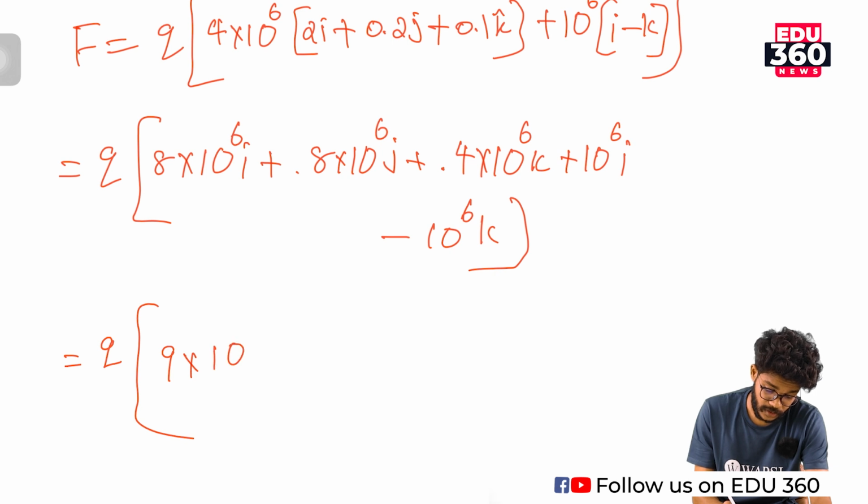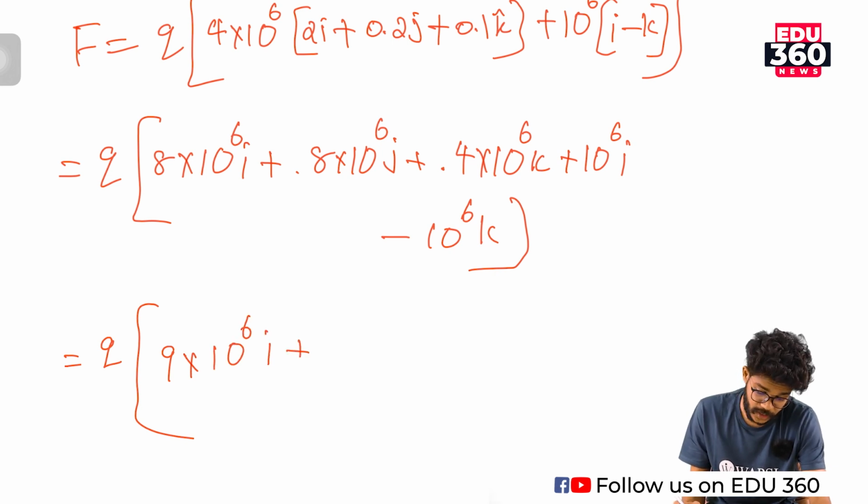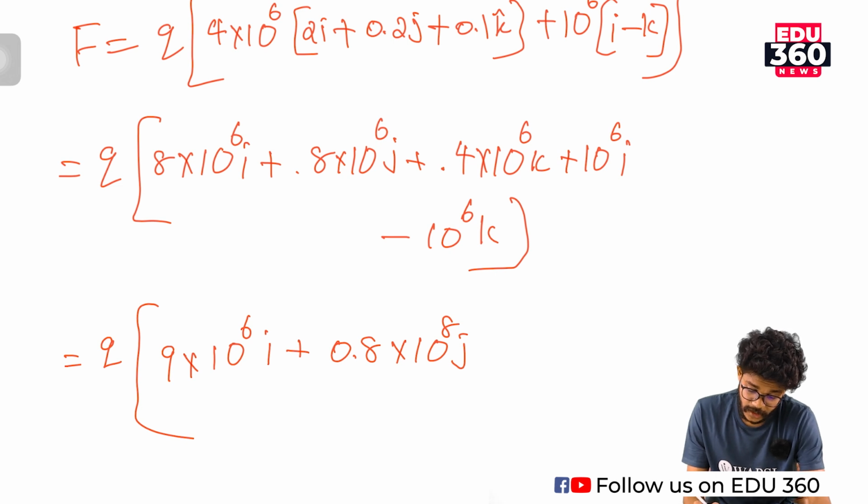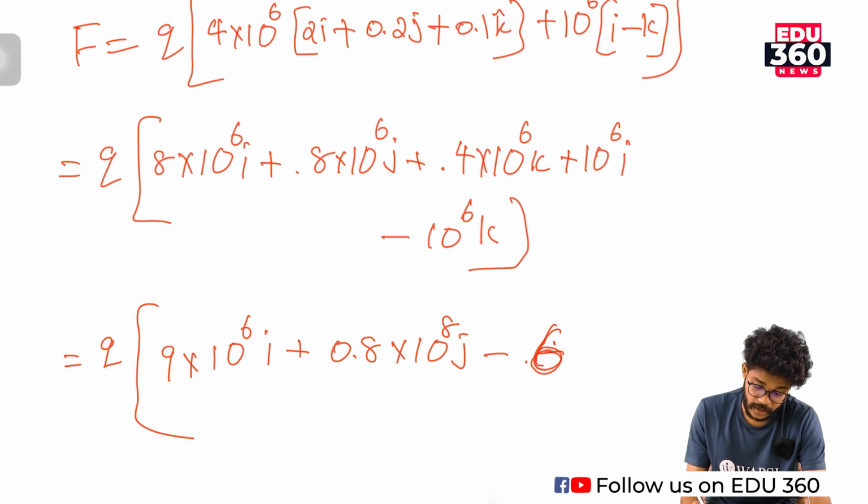9 into 10 raised to 6 i plus, which are the j quantities? Only one j quantity, 0.8 into 10 raised to 6 j. Okay, and the k quantities are 0.4 minus 1. 0.4 minus 1 is minus 0.6, so 0.6 into 10 raised to 6 k.